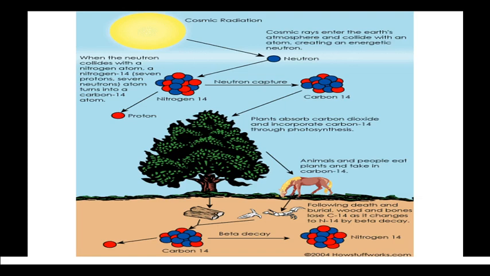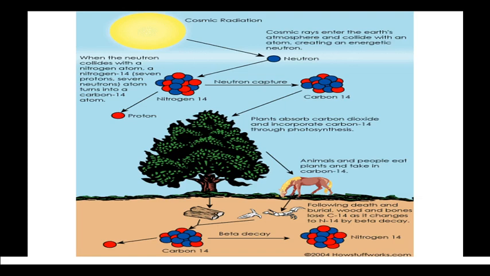So all the living organisms exchange carbon dioxide with the atmosphere. So a constant ratio of C14 to C12 is maintained in all organisms.